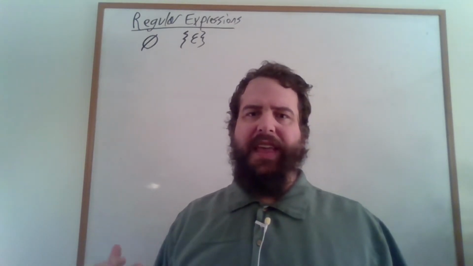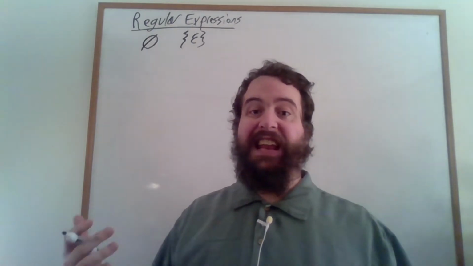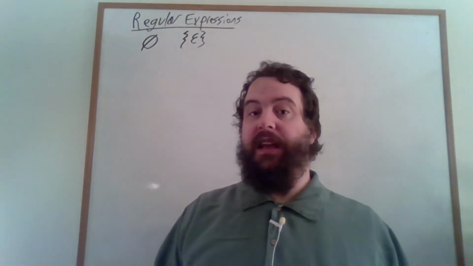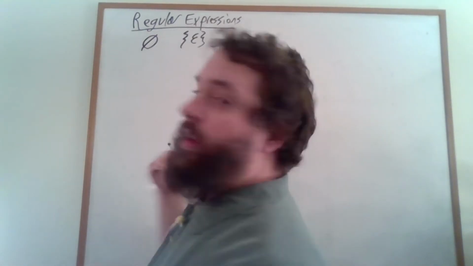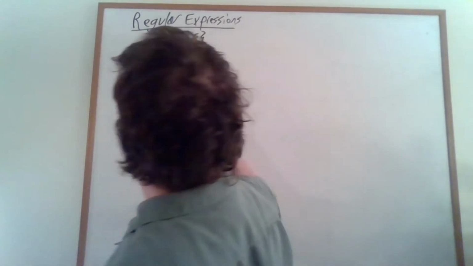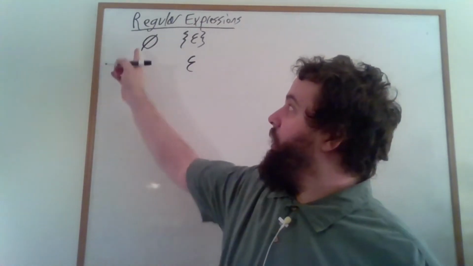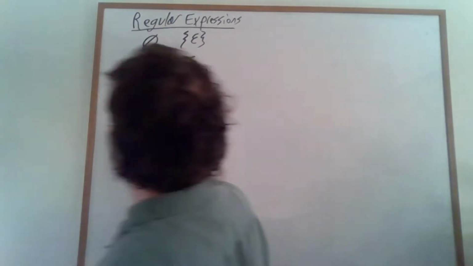It turns out that it's unambiguous to refer to languages that contain a single word by that word itself, and this is actually common practice. So I'm going to refer to this language that only has the empty word in it by epsilon as well. And of course, we'll refer to the empty set language just with the empty set.